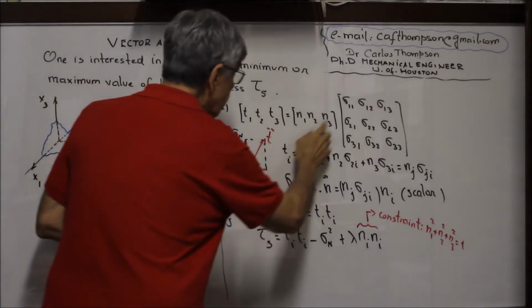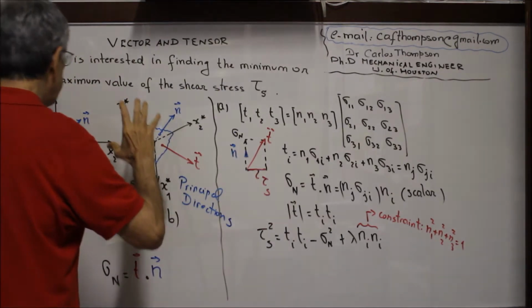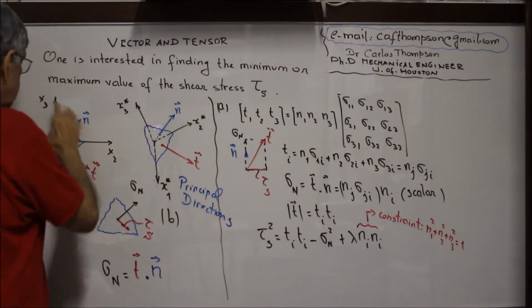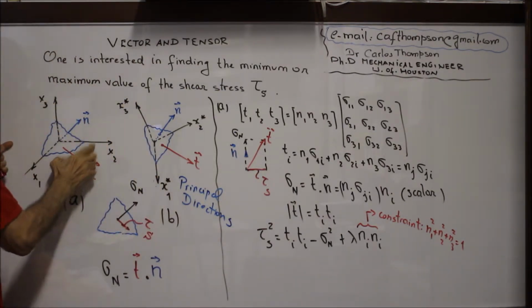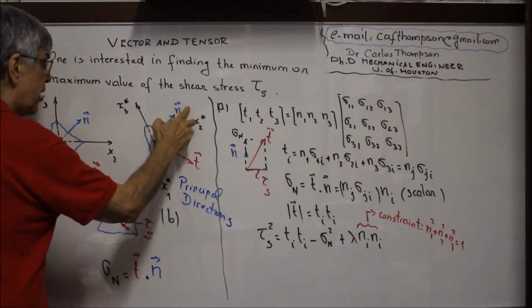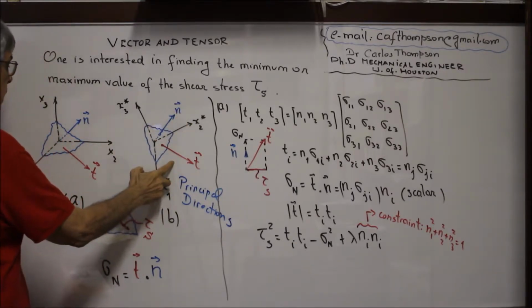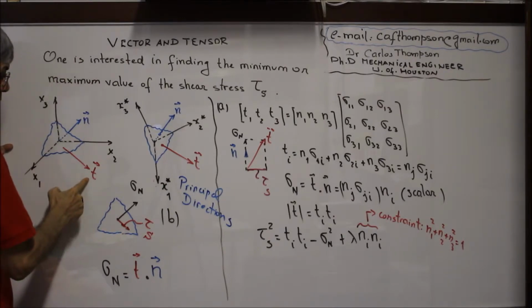Now, the components are different. The component of n on this system is completely different from the component of the same n on this system over here, on the same t.